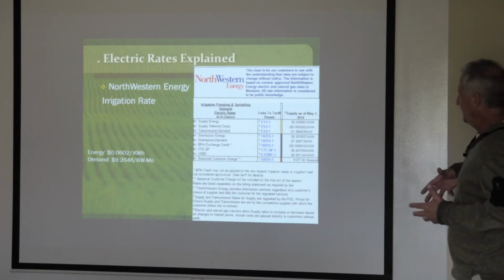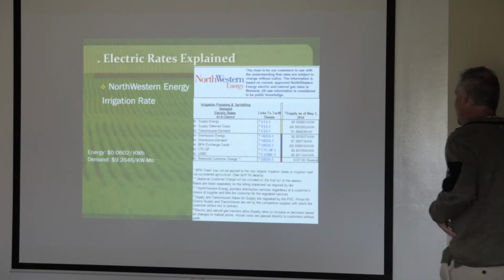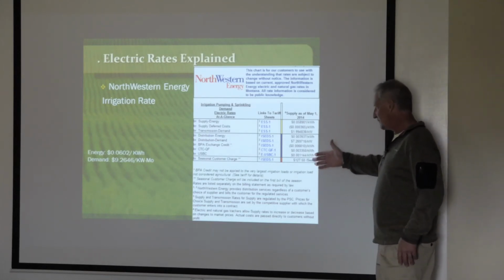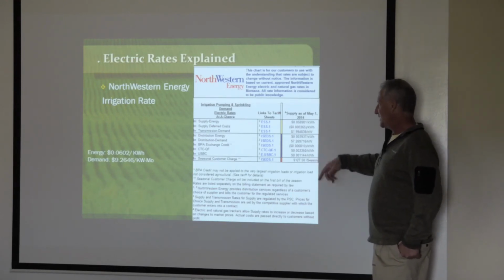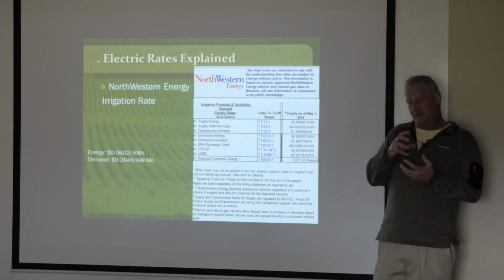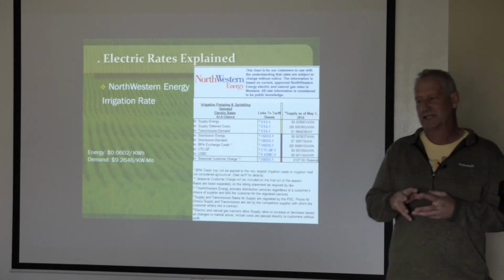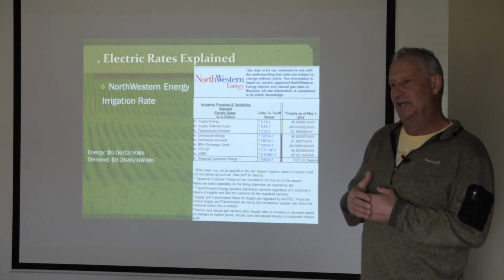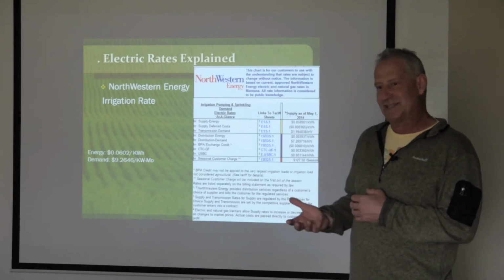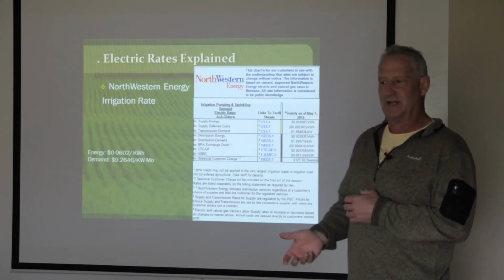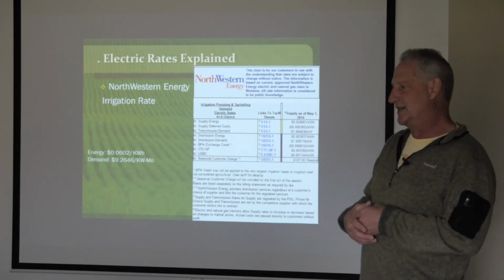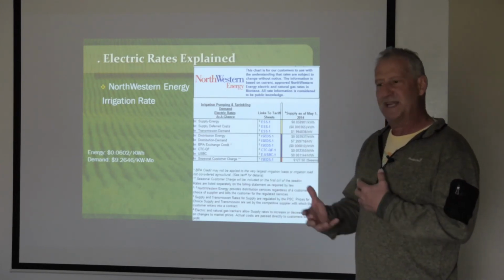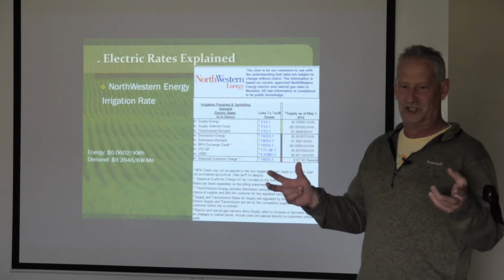This is a little bit about the rate, where they all come from. There are lots of different parts and pieces to it. Conceptually, the idea of how the utility makes its money: expenses like the linemen's wages, the trucks, the people working in the office, all this expense stuff, is paid for by the energy charge, okay?